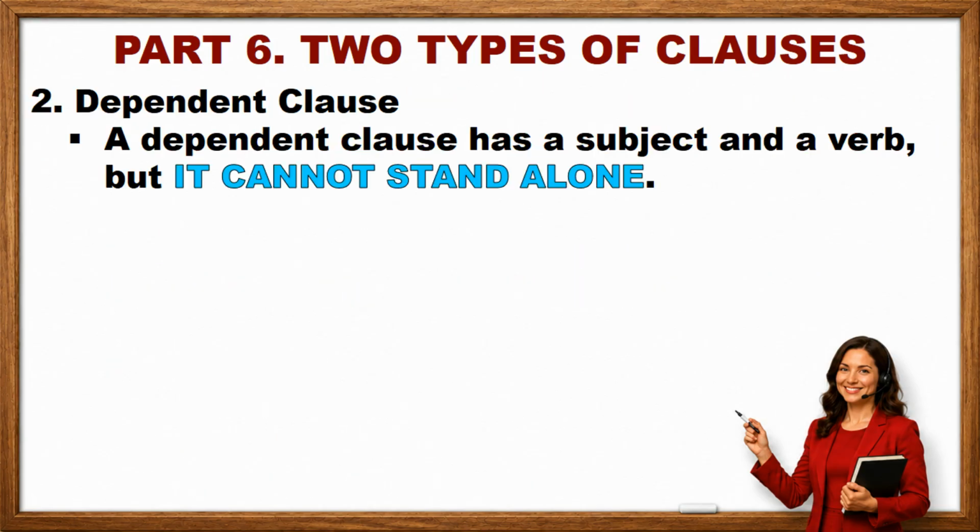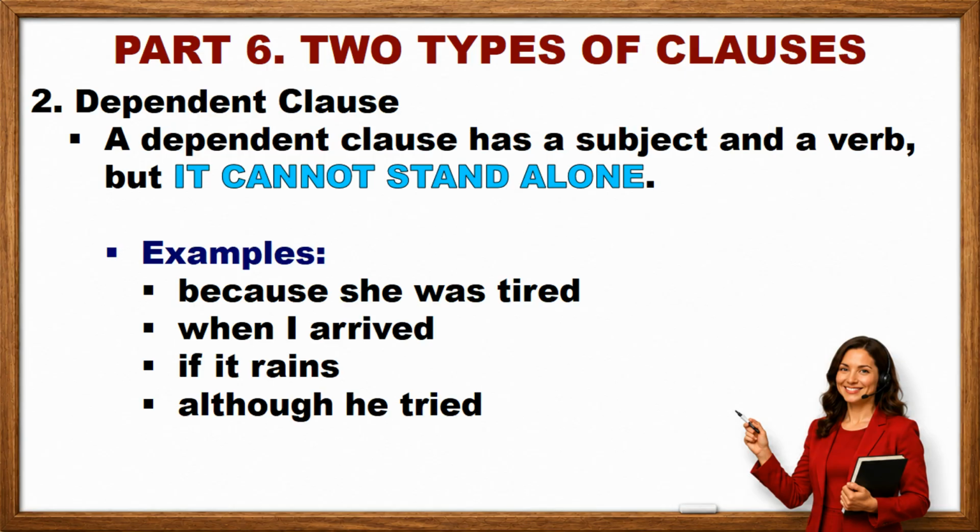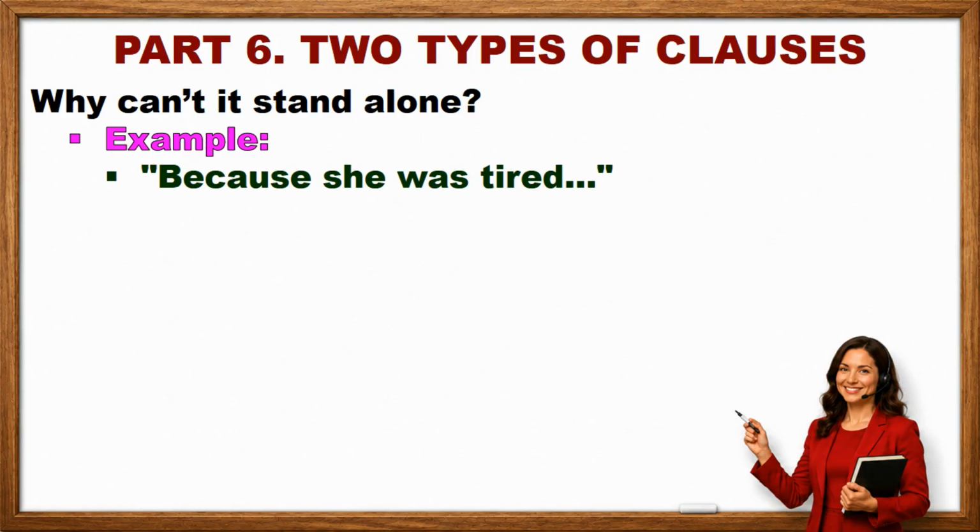2. Dependent clause. A dependent clause has a subject and a verb, but it cannot stand alone. Examples: because she was tired. When I arrived. If it rains. Although he tried. Each one has a subject and a verb. Why can't it stand alone?